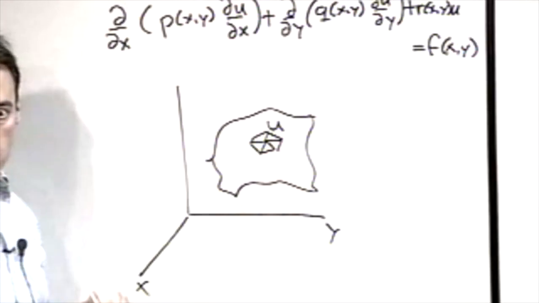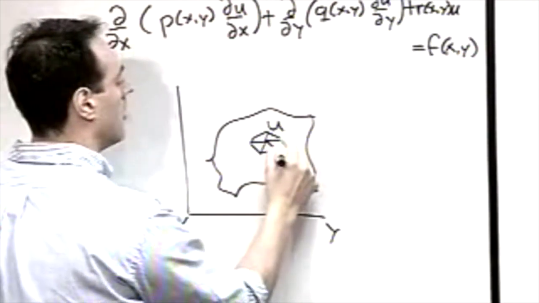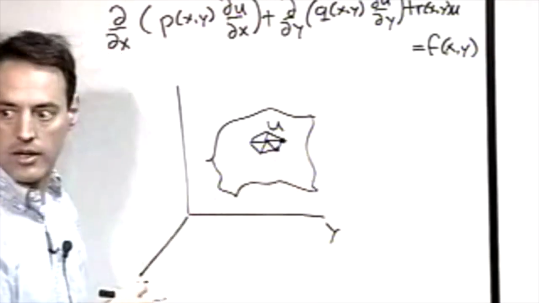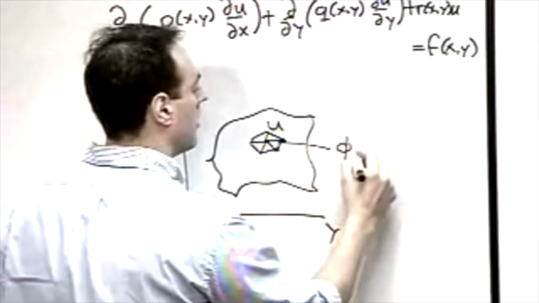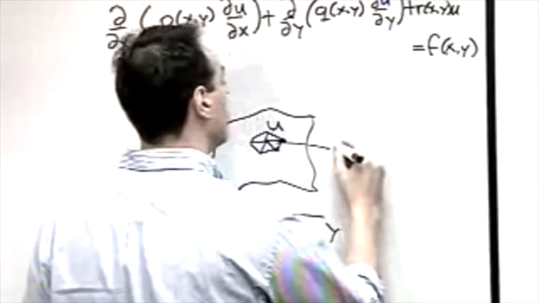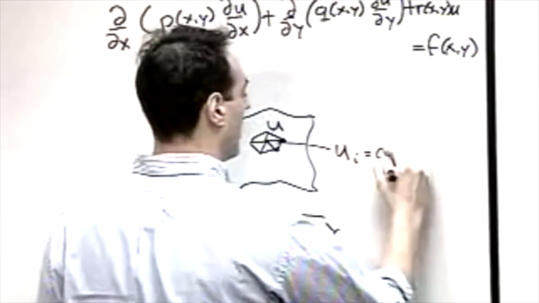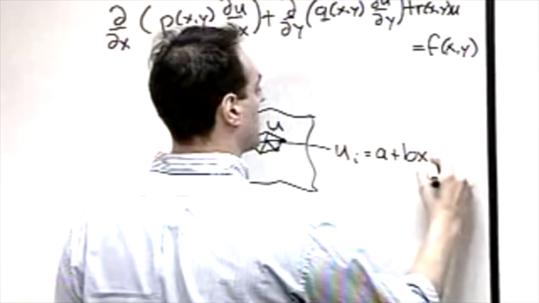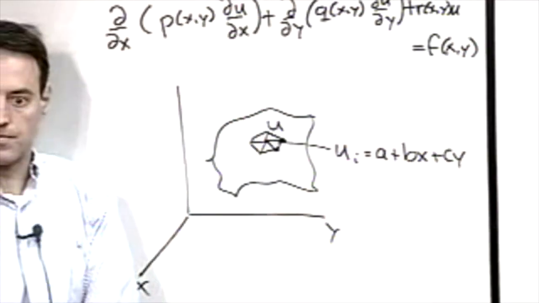In particular, we said all we have to worry about is carrying these points around on this triangle, the vertices of the triangle. For each triangle, there is a representation there. Let's call this the u of I triangle. It's going to be something like a plus bx plus cy. We're going to approximate it with that plane.